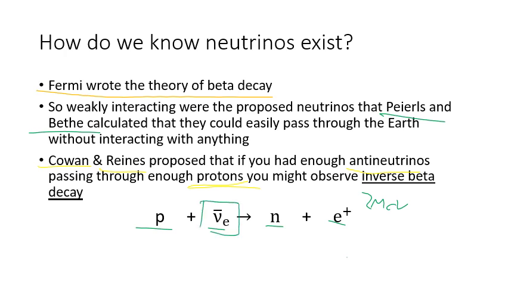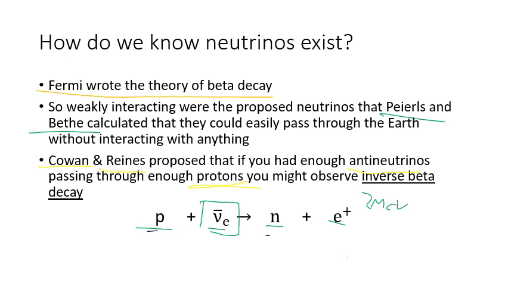Well, that's all right. It turns out that some of the antineutrinos created in a nuclear reactor actually are quite energetic. And so Cohen said, well, if we've got a nuclear reactor that's pumping out enough really energetic antineutrinos, then we may well actually get this inverse beta decay occurring. If we just check it out, a proton becomes a neutron, so nucleon number is fine.